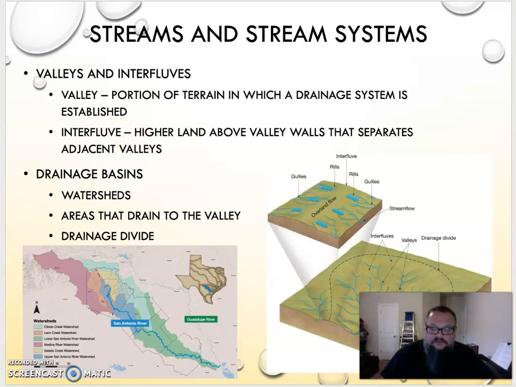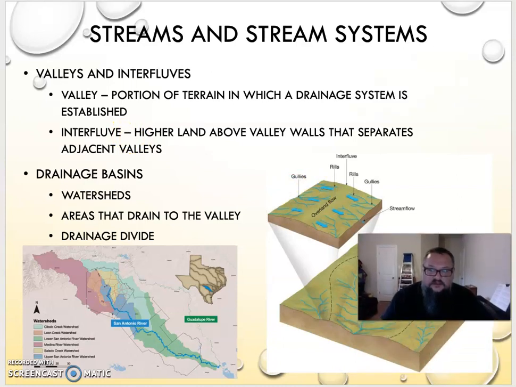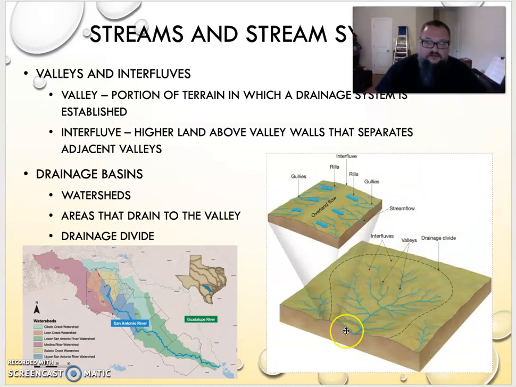In a valley, let me move my picture here if I can. In a valley, organized drainage networks, things that we're going to learn are called watersheds, become established. Okay, this is where water flows into streams.